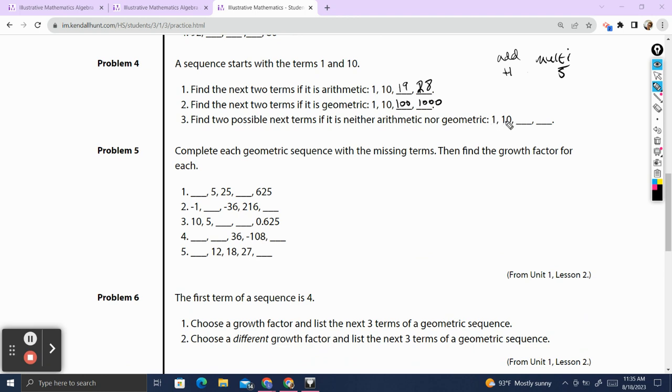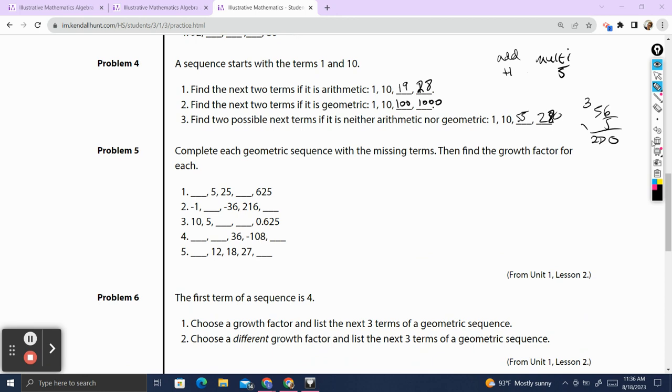So the next term would be plus 1, which is 11, times 5, which is 55, plus 1, which is 56, and 56 times 5 is 280. So that would be a sequence that is neither geometric or arithmetic.